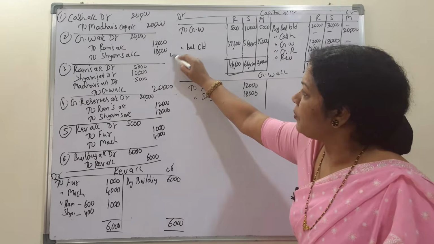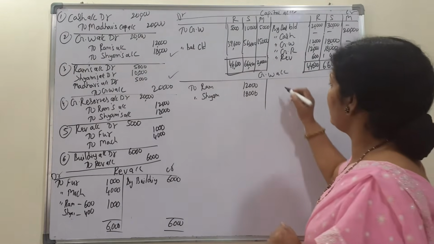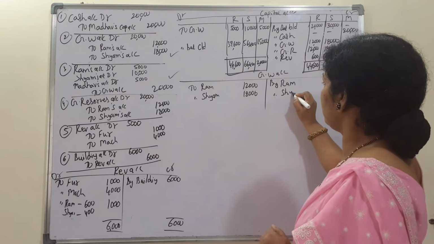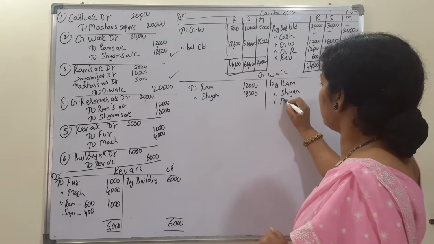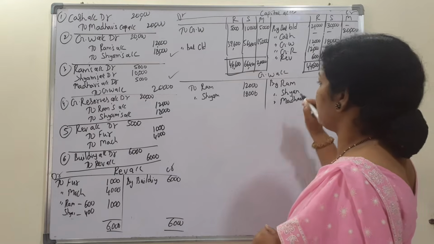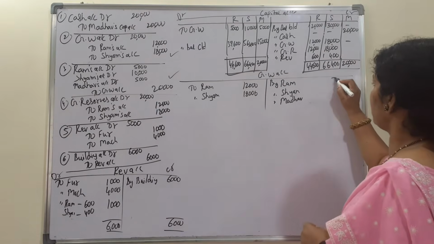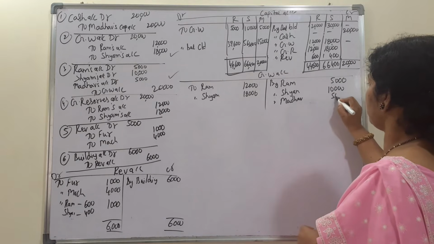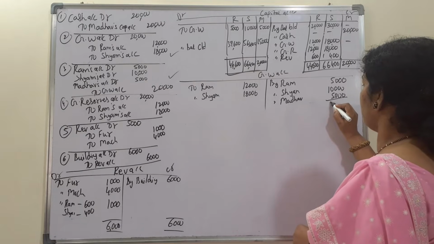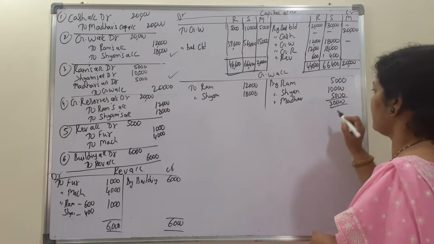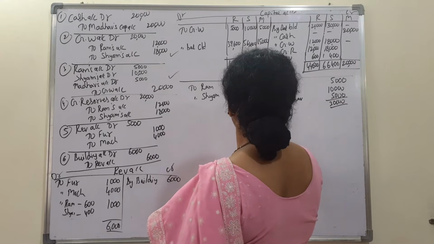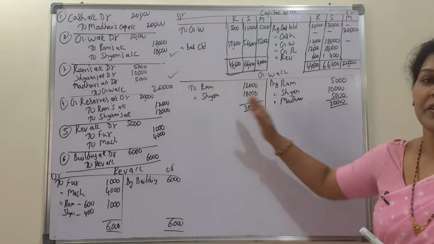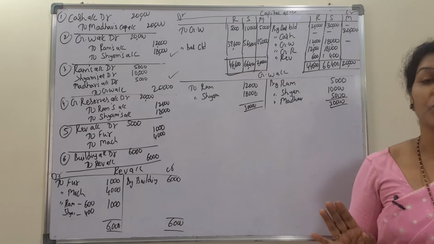Second entry is by Ram, Shyam and Madhav. It is 5,000, 10,000 and 5,000. It tallies. This will not appear in the balance sheet because goodwill created, written off. No more goodwill in the balance sheet.